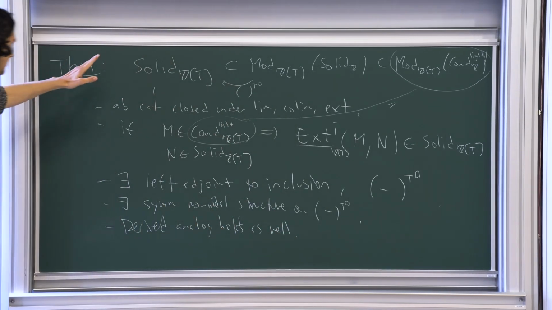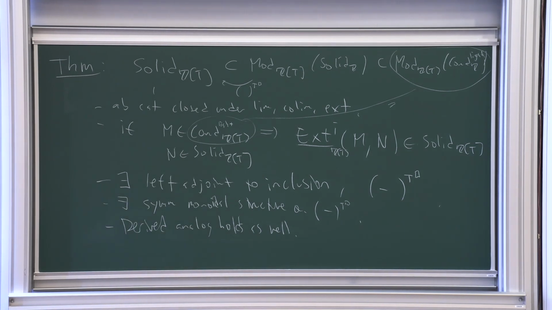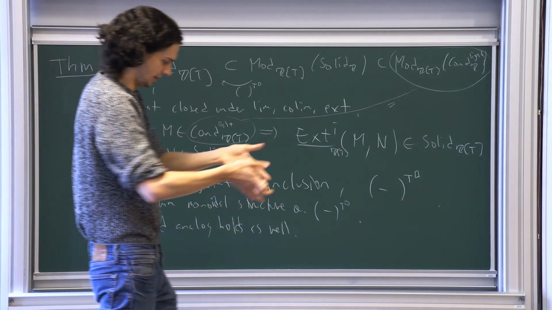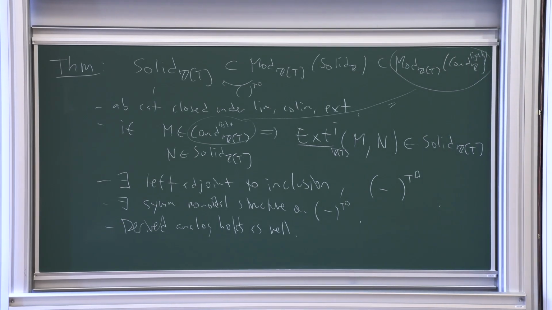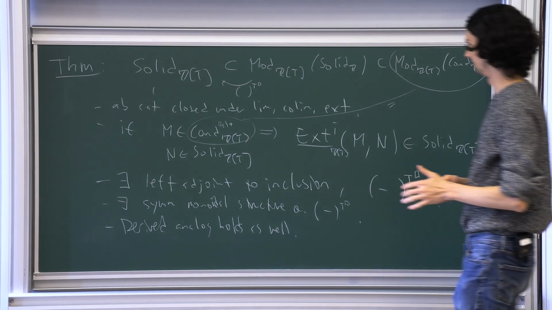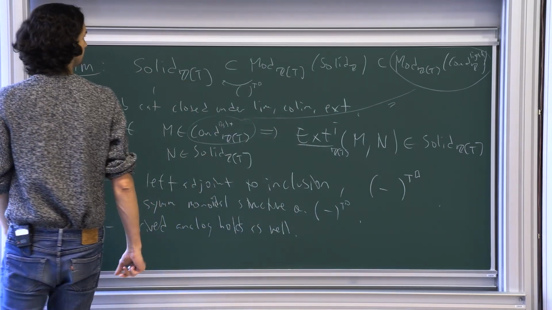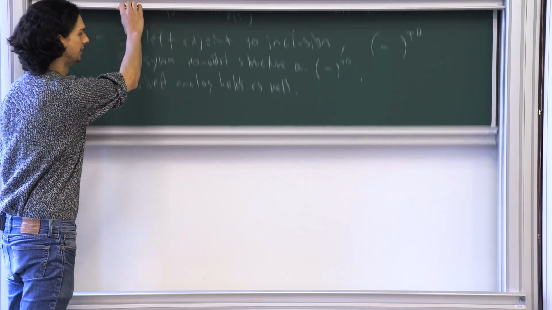So the derived analogs of all these claims hold, and moreover, the derived theory is naive in the sense that an object in the derived category is derived solid if and only if each homology group is solid in the sense of the abelian category. And it is the derived category of the abelian category. Okay, so that's all the kind of formal stuff.